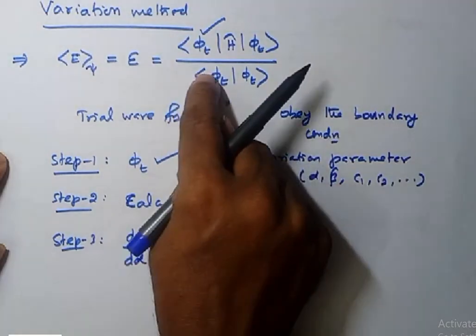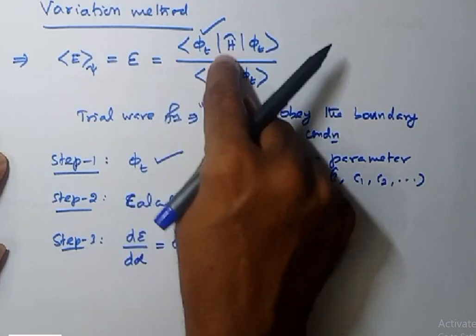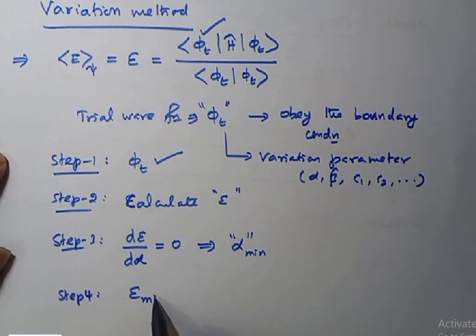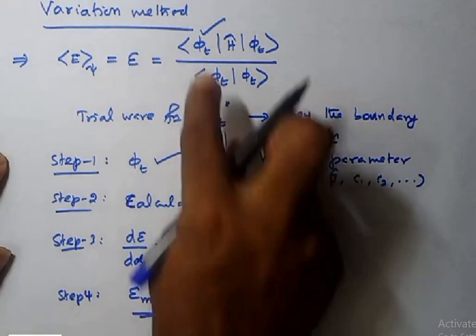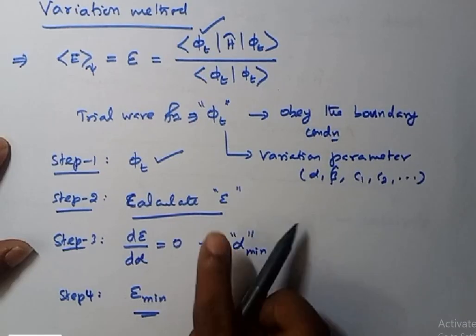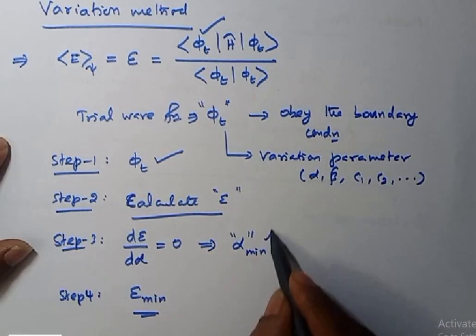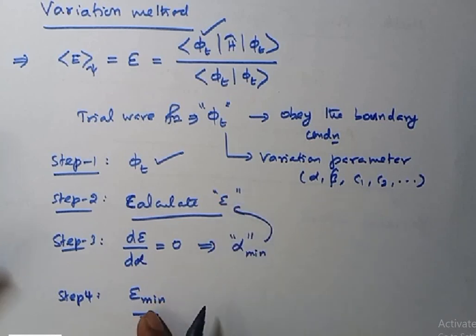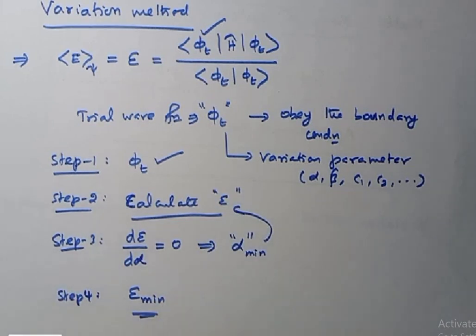Substitute this alpha minimum in the expectation energy formula. So step 4 is to calculate the minimum energy using this alpha value. Substituting alpha minimum in this E, you can get the minimum possible energy from the variation method.